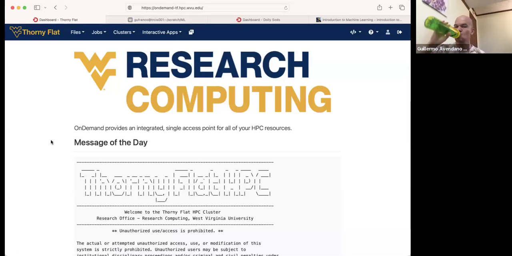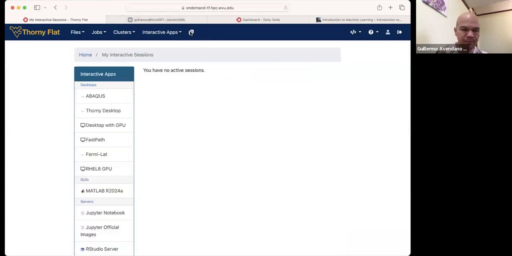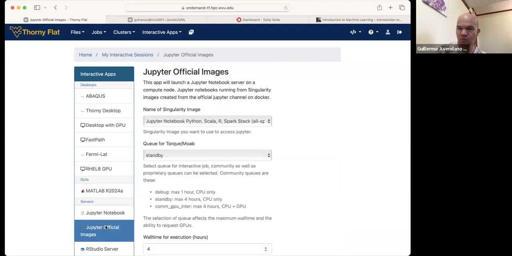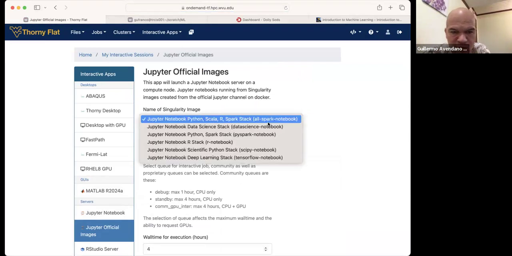The first thing that we will do is, let me see if I can do it this way. Going here. I think this one will be better for machine learning. You can select any of those or most of the singularity images here.